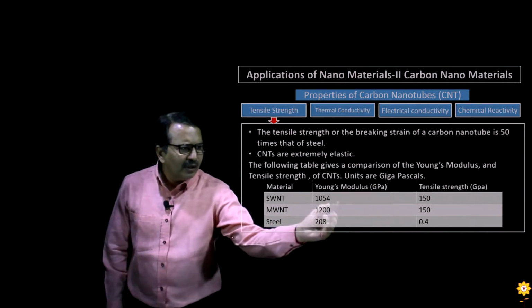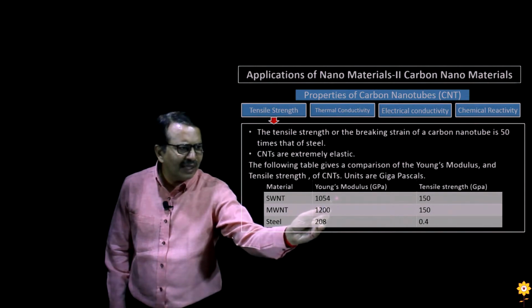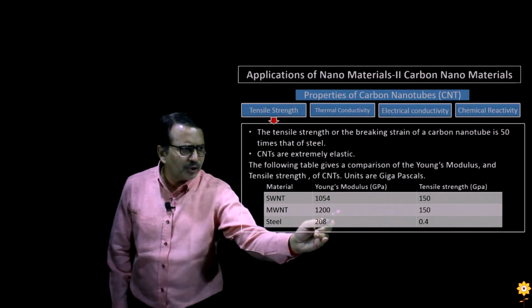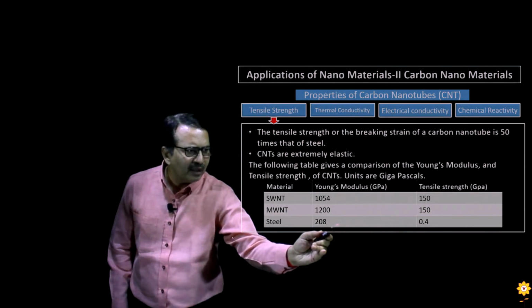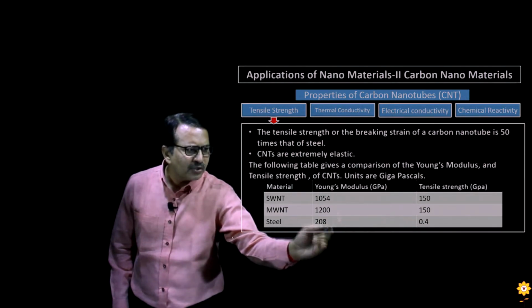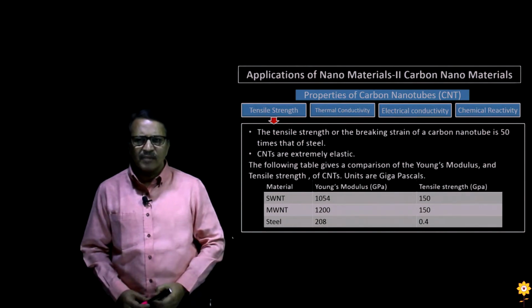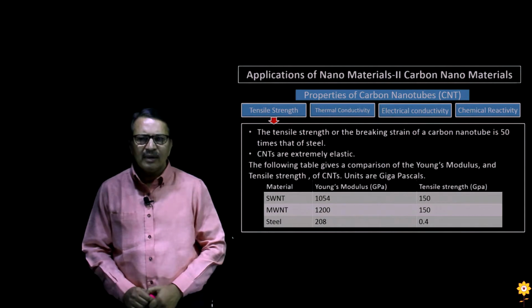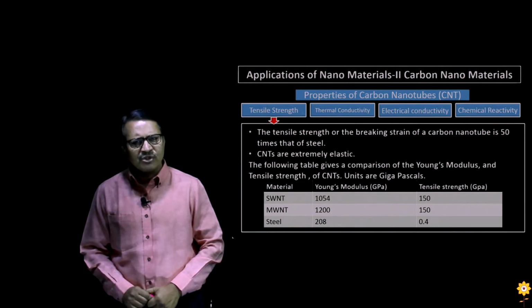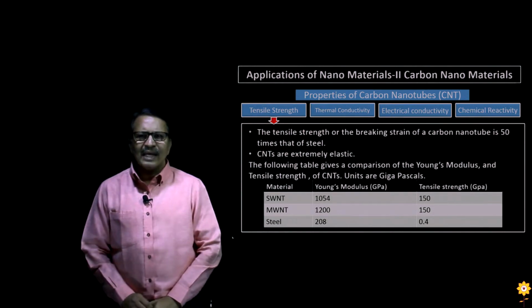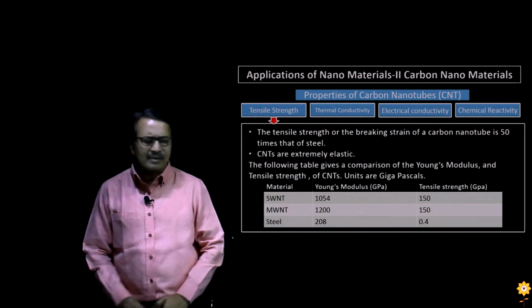Now you have the value for the Young's modulus for single wall nanotube as 1054, for the multi-wall nanotube as 1200, and for the steel it is only 208. So you can see a comparison between these. There is almost an order of magnitude difference between single wall, multi-wall nanotube and that of steel. These are the values of the Young's modulus, and they are measured in gigapascals.